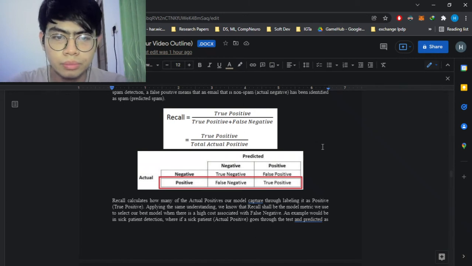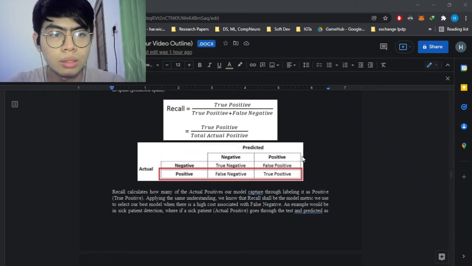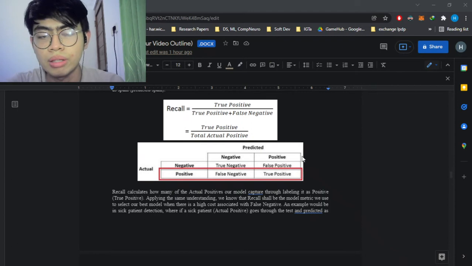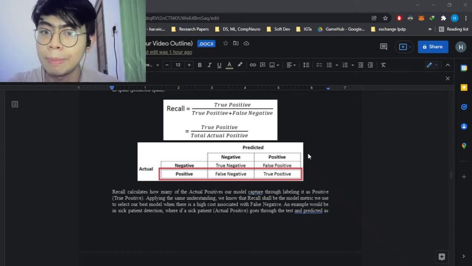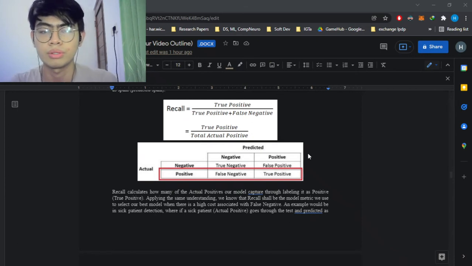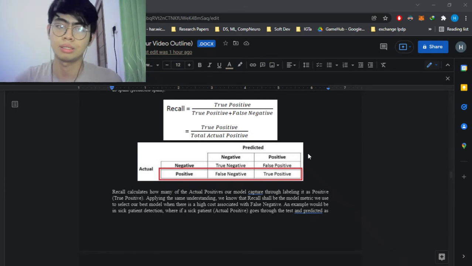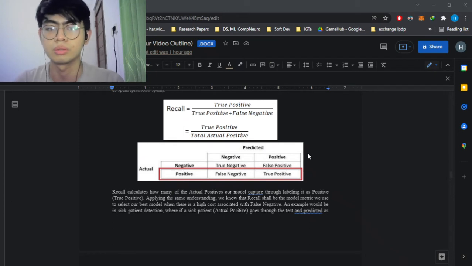So recall is essentially a valid choice of evaluation metric when we want to capture as many positives as possible. For example, if we're building a system to predict whether a person has cancer or not, we want to capture the disease even if we're not very sure.